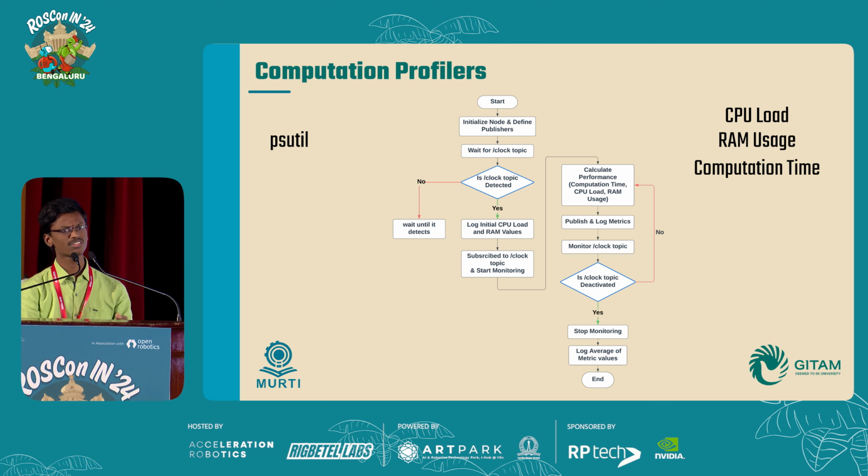So it loops continuously, and at every iteration it monitors whether the clock topic is present or not. If it is deactivated, then it gets stopped, and it logs the average values of all the iterations and gives the final result of the CPU load of the current SLAM, RAM, and the computation time of it.